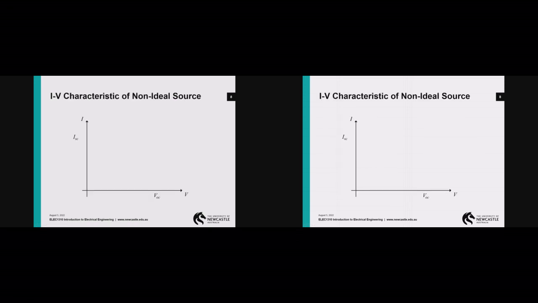So that's what I've drawn here. I've gone current, voltage. There is an ideal voltage source. There is a real current source, and what I've done is to make my graph big enough so that there is a point where the real voltage source reduces to 0.